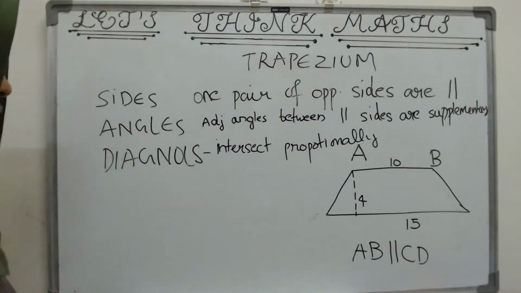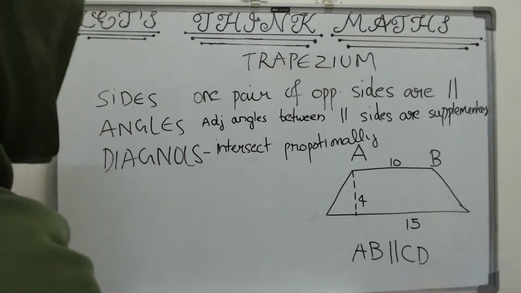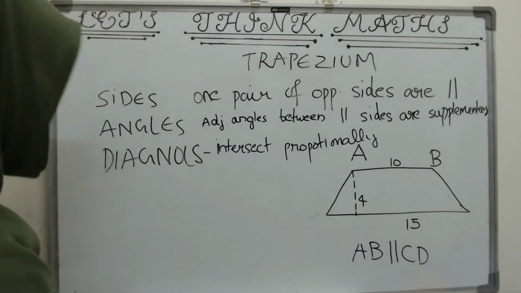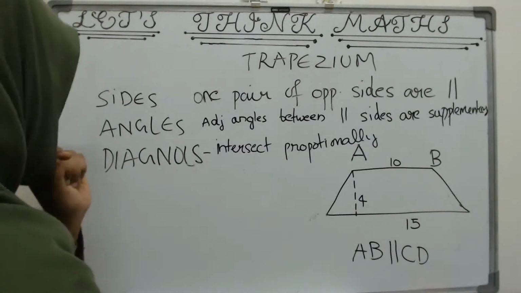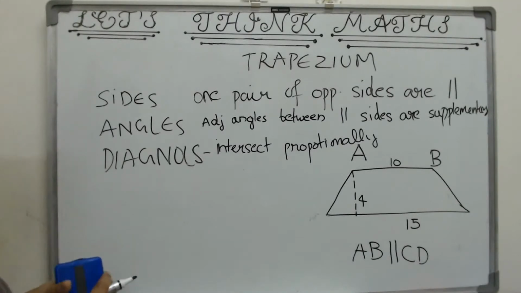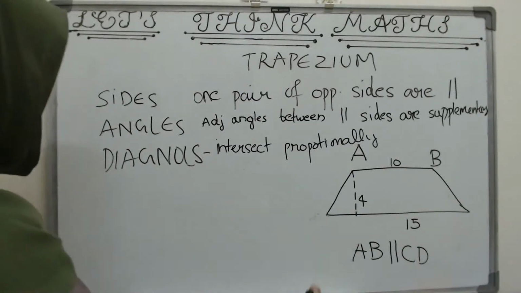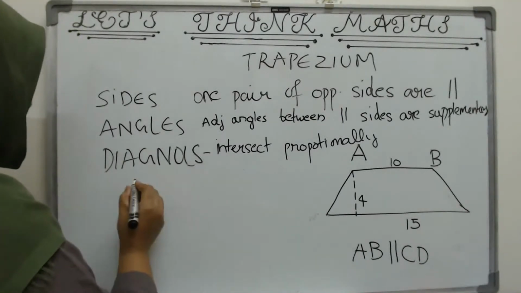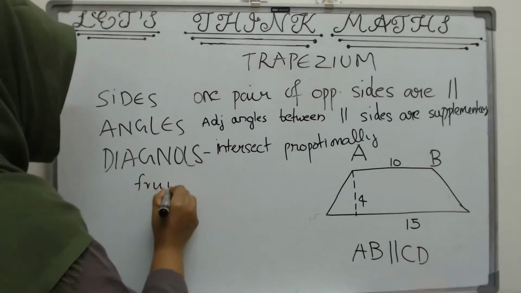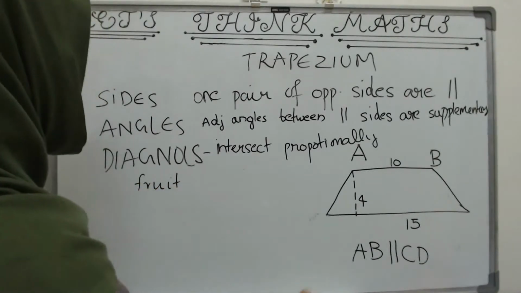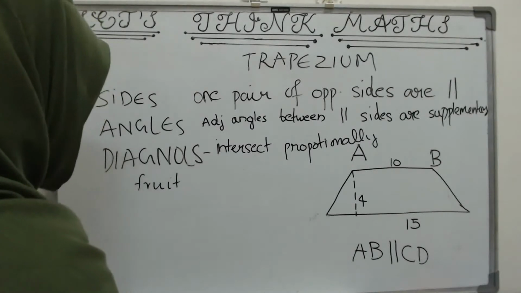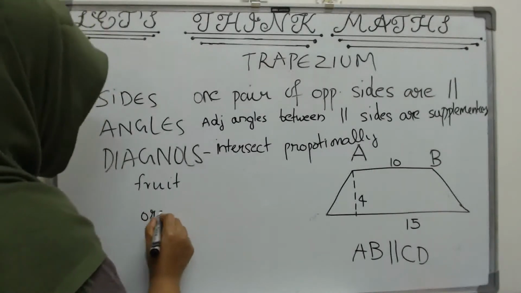Now let us go on to the next type of quadrilateral, which is called a parallelogram. Before that, let me tell you one thing. What we are going to see here is a different type of quadrilateral. Now, I think I have mentioned this earlier. Think of a fruit. You know what all conditions a fruit has to satisfy? Now think of an orange.